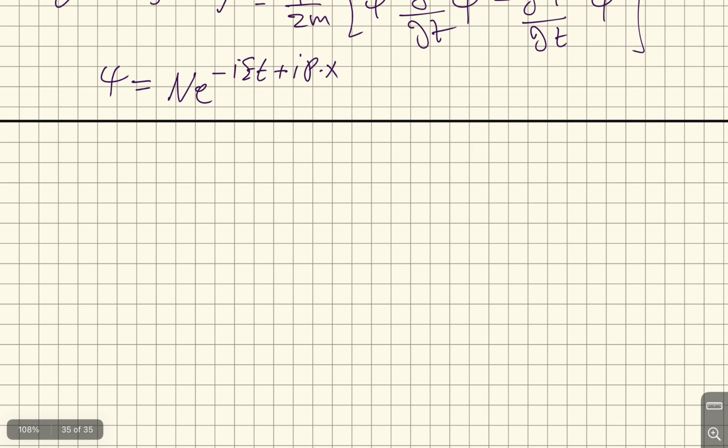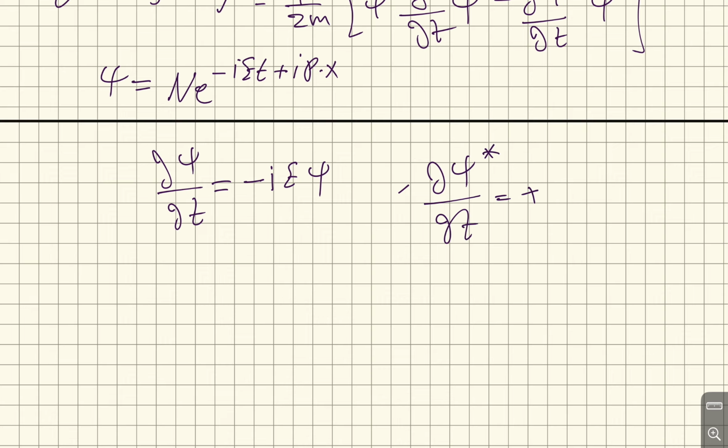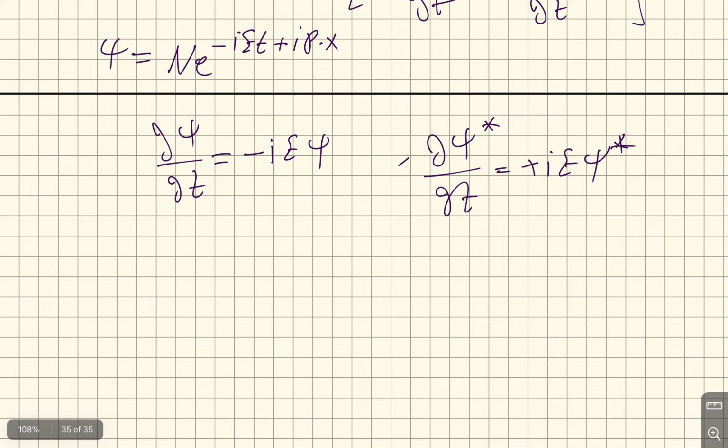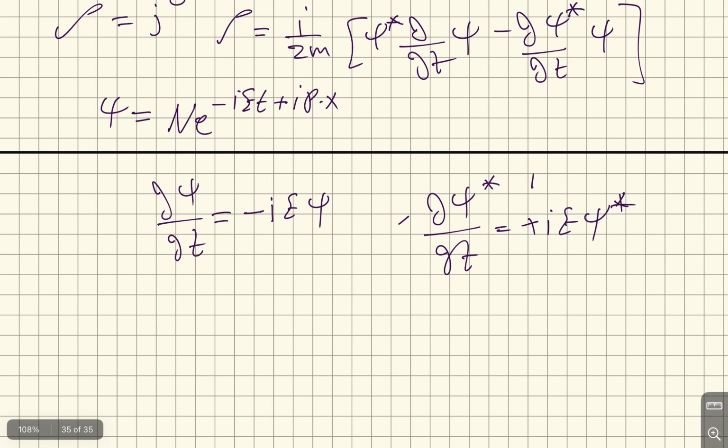By that we can see that partial t psi is equal to minus iE psi, and partial t psi conjugate is equal to plus iE psi conjugate. And if we substitute in here, what do we get? We get that rho is equal.